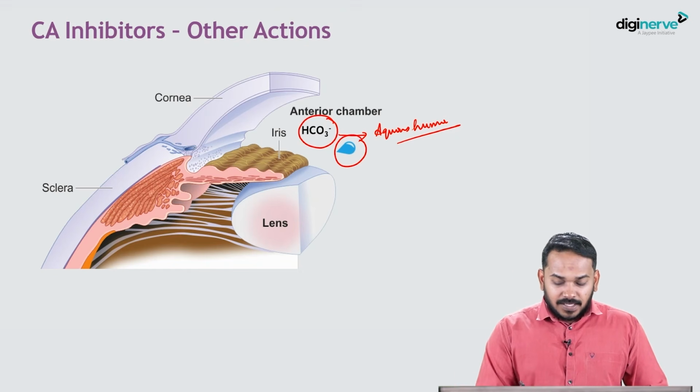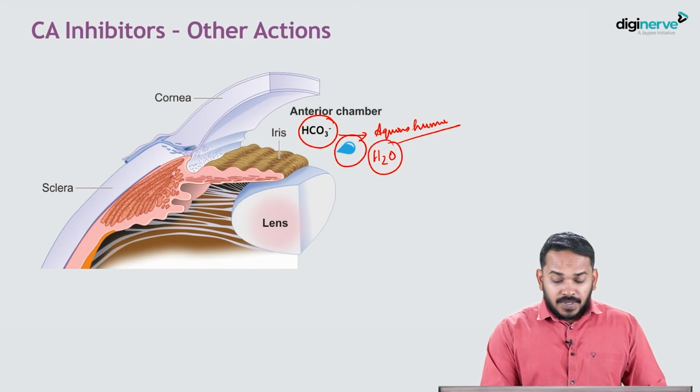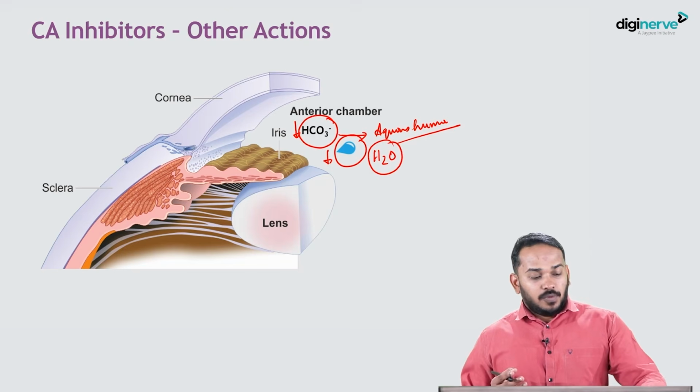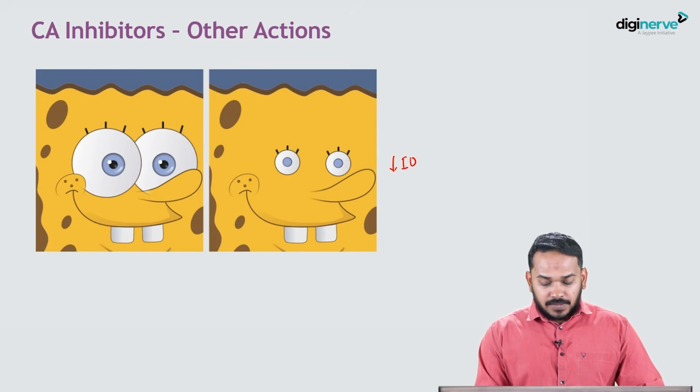So when carbonic anhydrase inhibitors are given, this bicarbonate secretion is reduced, thereby reducing the secretion of water into the aqueous humor. This will result in reduced intraocular pressure. So hence it is used in glaucoma.